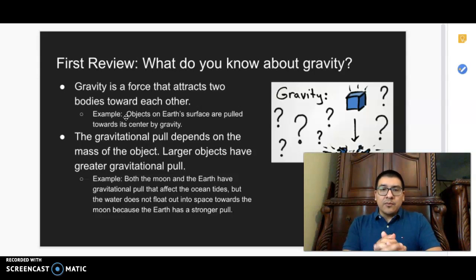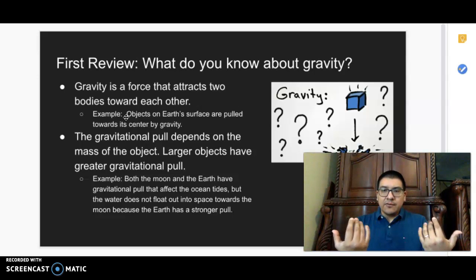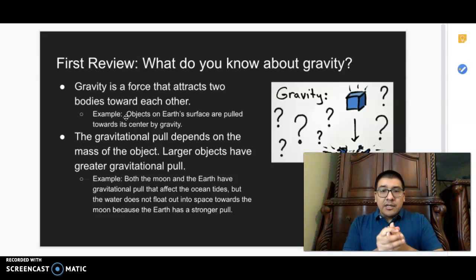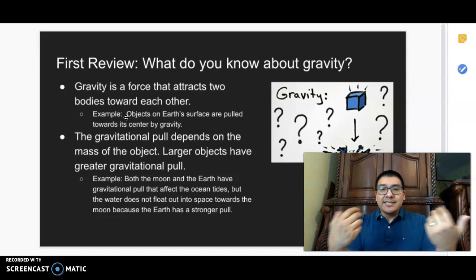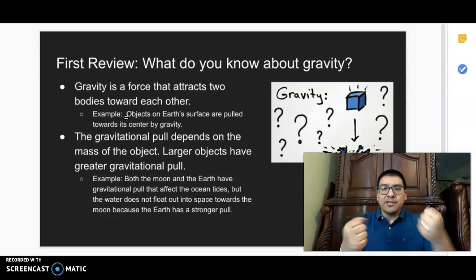When the moon is out, the water is pulled up and recedes from the shore, and when the moon is not out, the water flows back into the shores. We don't have the water flow out into space because the Earth has a greater gravitational pull, because it is much larger than the moon.